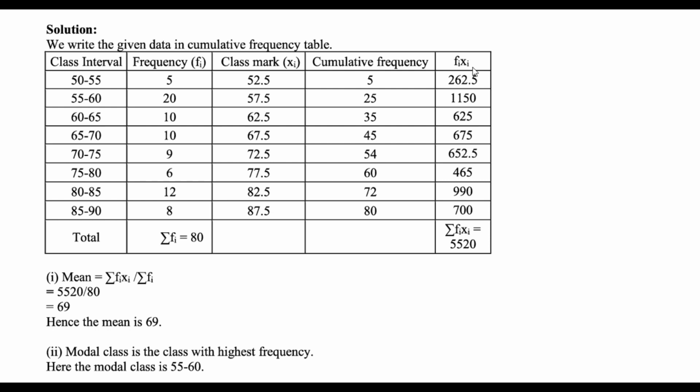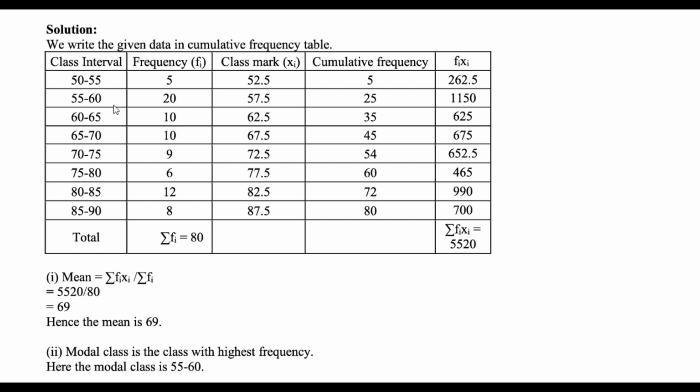After that, mean is summation fi xi divided by summation fi, that comes to 5520 by 80. 69 is the mean. The modal class: look at the frequency, the highest frequency is 20.